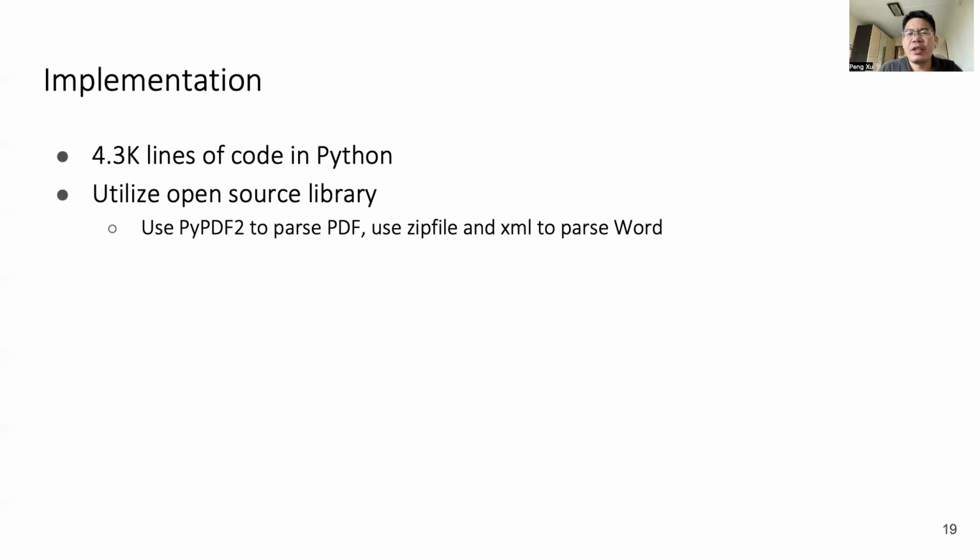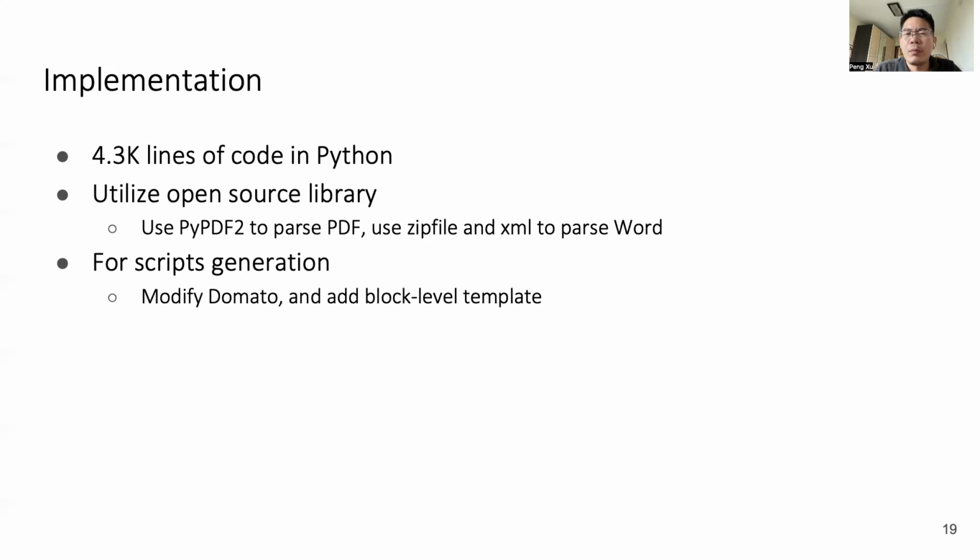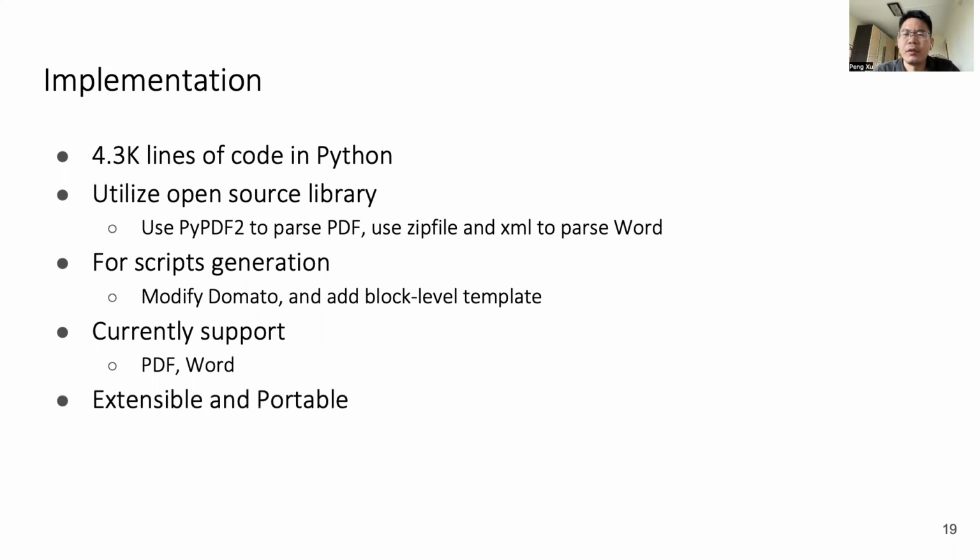For script generation, we utilize Domato and improve it with block level template. Cooper currently supports two formats, PDF and Word. It's notable that Cooper is extensible and portable. We can easily add some new features to Cooper and also can apply Cooper to other document formats with limited manual efforts.